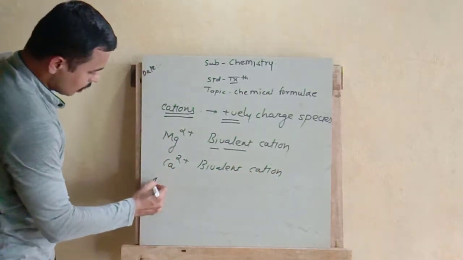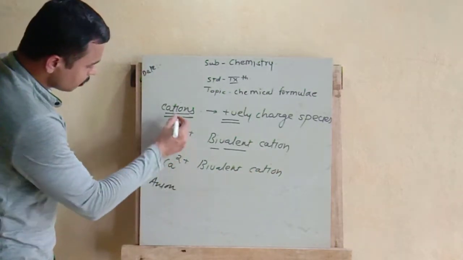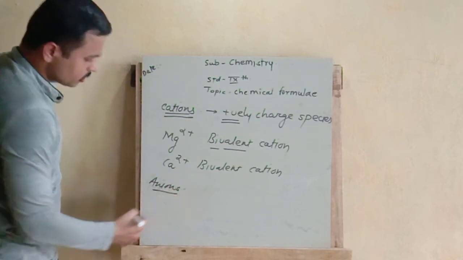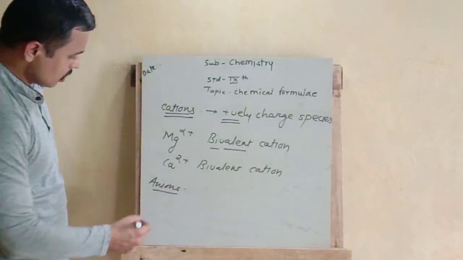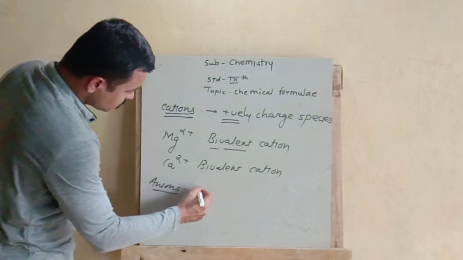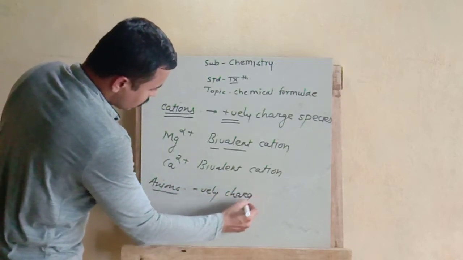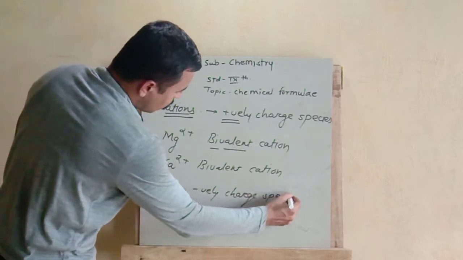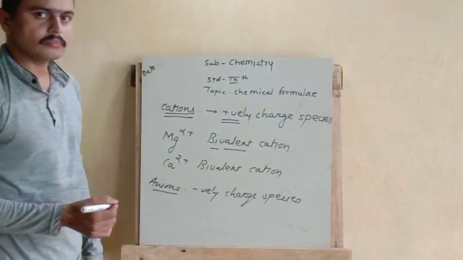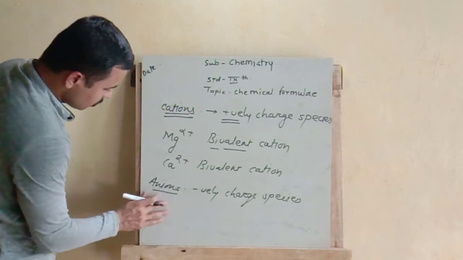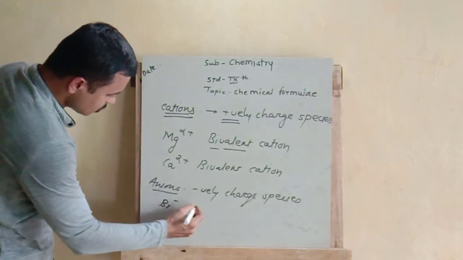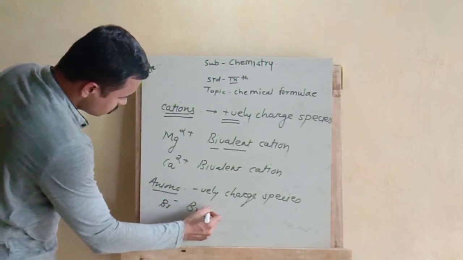So after giving you example of cation, I am going towards the anion. So anions, the species which has negatively charged or negatively charged species are called as anion. For example, Br minus, that is bromide.